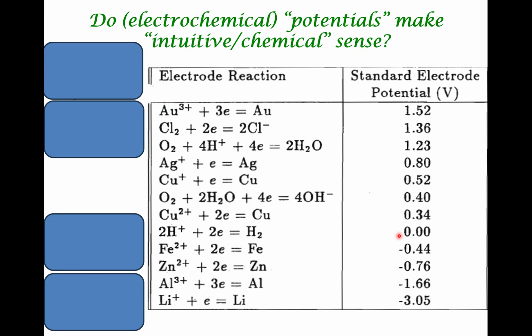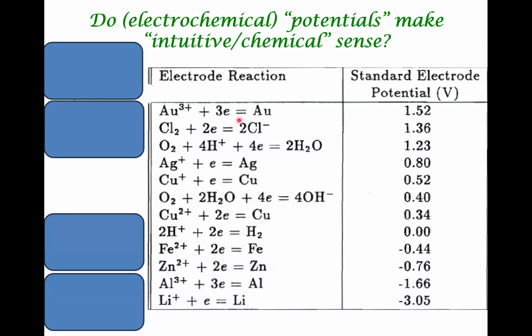Of course, you can also convert this using delta G equals minus nFE and make sense of the energies involved in these reduction processes via free energies. If you implement delta G equals minus nFE for the lithium system, delta G will be very positive.